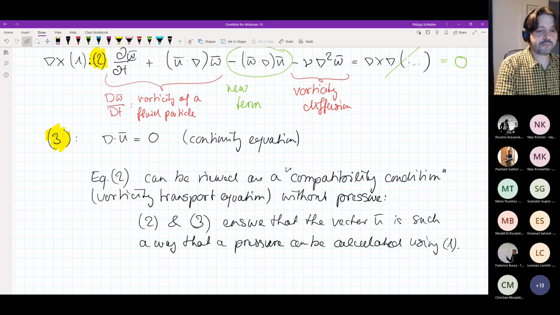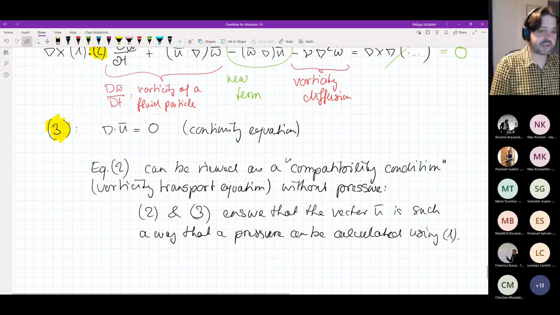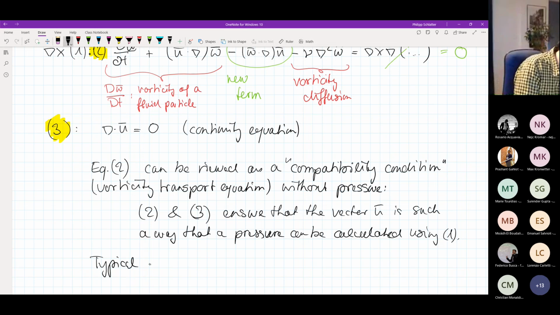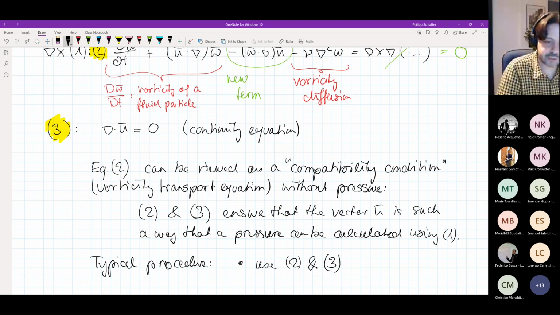So that means now if we think of a procedure on how to actually use the vorticity transport equation number 2 to calculate velocity, it would be like this. The typical procedure would then be that the first step would be to use equations 2 and 3, so the continuity equation and the vorticity transport equation.